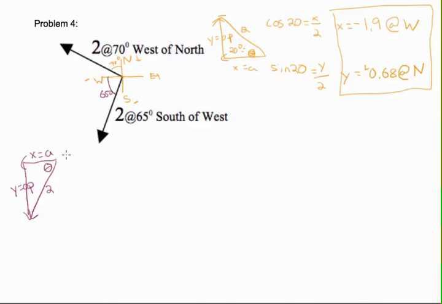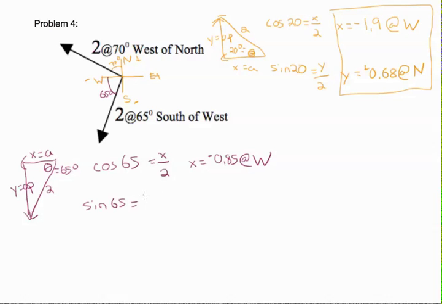So we can use cosine of theta equals adjacent over hypotenuse. So we get 0.85. And because it's pointing to the west, it's going to be negative as well. And for y, we would do the sine of 65 is equal to opposite over hypotenuse. And we get 1.8. And because it's pointing downwards towards the south, it would be negative.